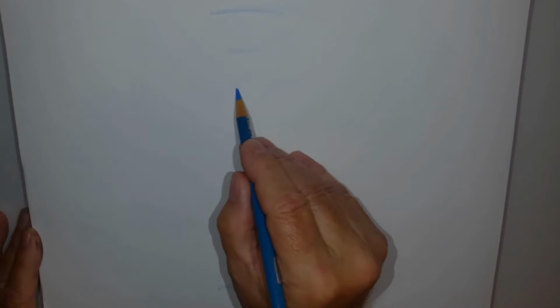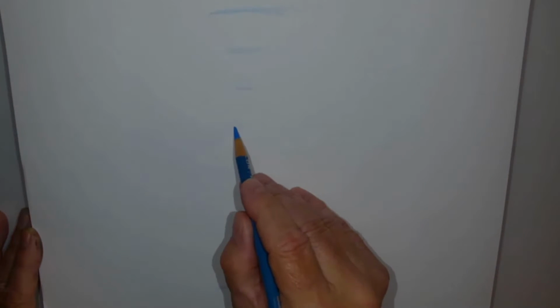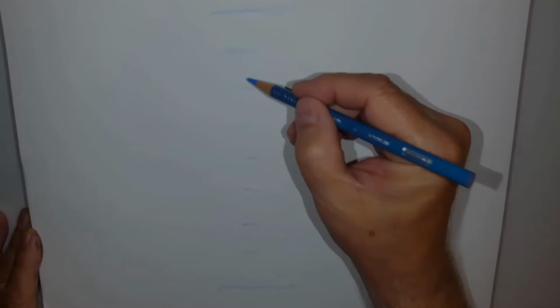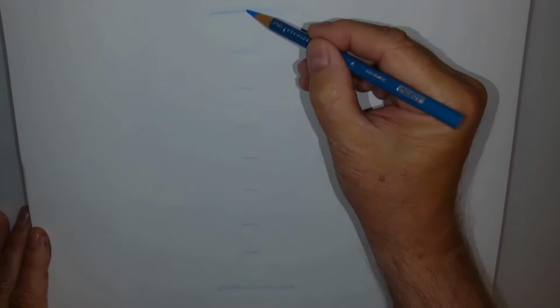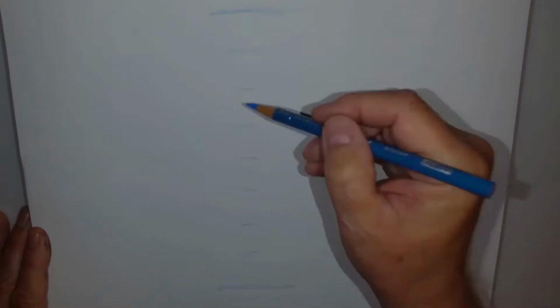And let me see if I can get that same dimension. So let me see, we got 1, 2, 3, 4, 5, 6, 7, 8. Perfect. So the regular proportion of the body is 8 heads high. So that's why I want to divide this up so that from this top line to the bottom line, we have 8 divisions, so I can work out the proportions of the body.